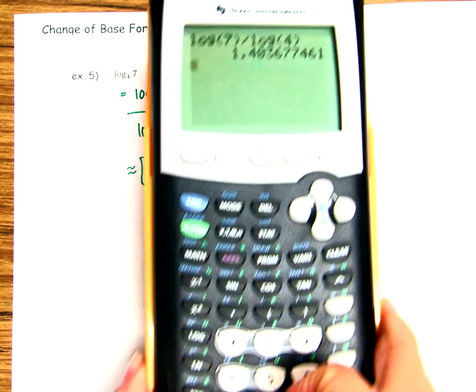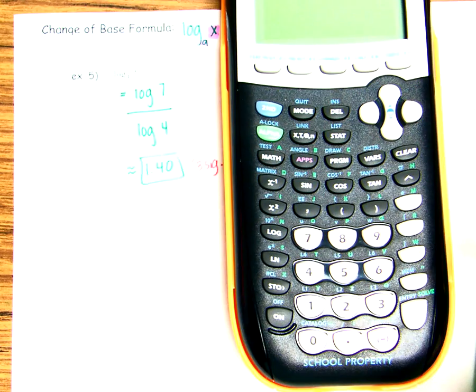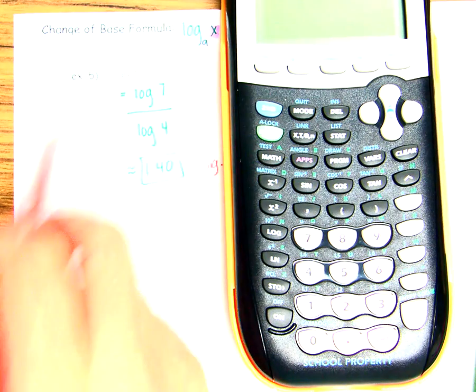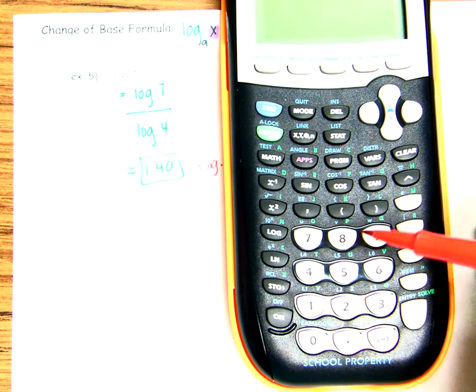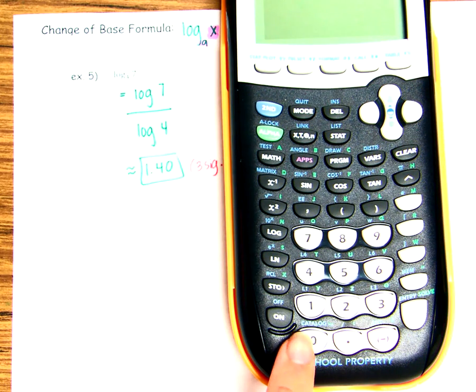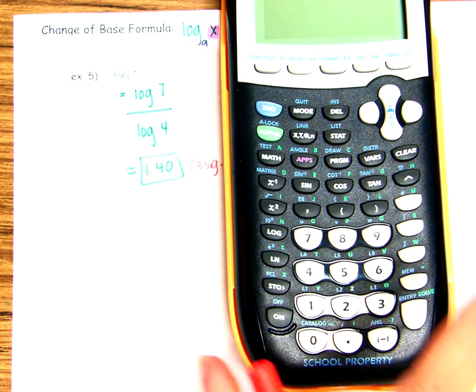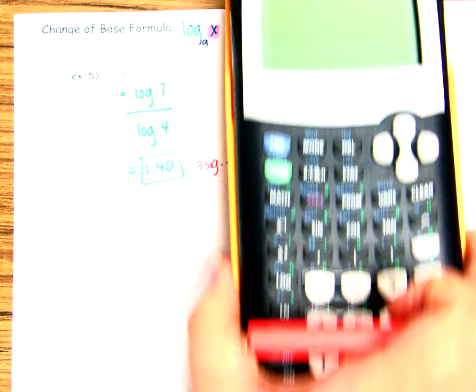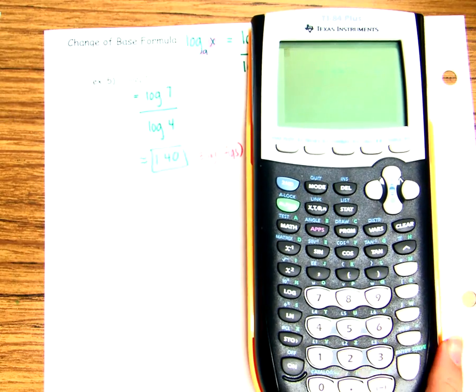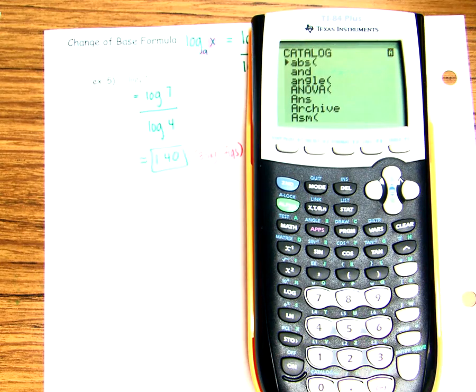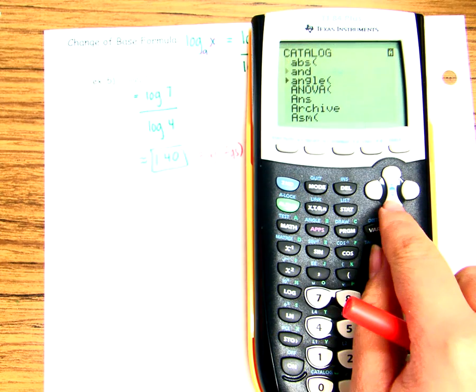For those of you who want to know how I actually enter log base 4 of 7, if it's ever not on your keypad, you can use catalog. I don't know if you can see that down here it says catalog, and it's going to keep track of all the things in your calculator. So I can go second catalog, and it's going to list them in alphabetical order.